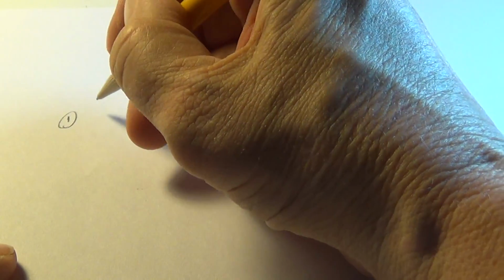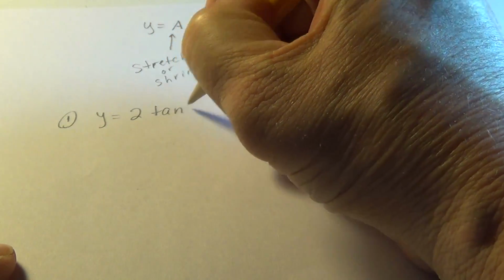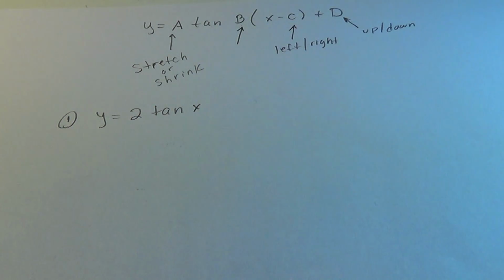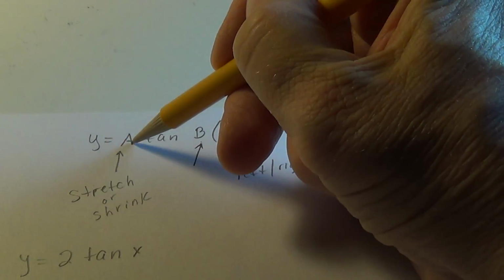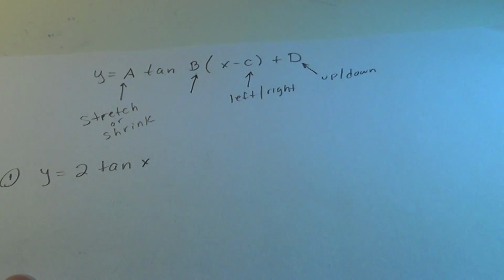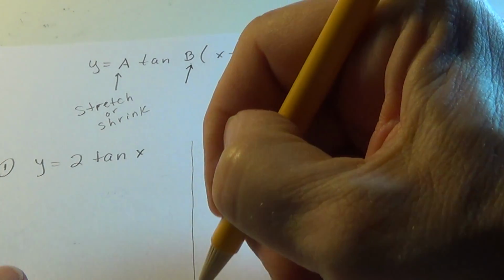Alright, let's do a basic one. Number 1 is going to be y equals 2 tangent x. When you have y equals 2 tangent x, you'll see that 2 is corresponding to that A spot that I was talking about. And here what I'll do is I'll give you a graph.